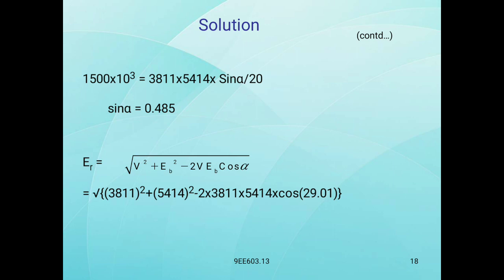The load angle alpha is equal to 29.01 degrees, and ER is equal to under root of V square plus EB square minus 2 V EB cos alpha, that is under root of 3811 square plus 5414 square minus 2 into 3811 into 5414 cos 29.01, which gives the value 2783.34 volts.